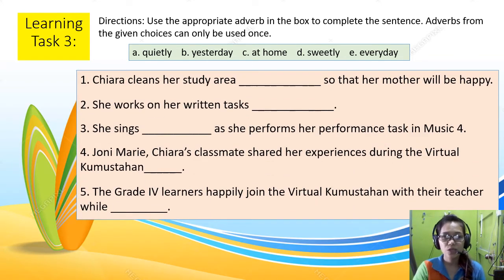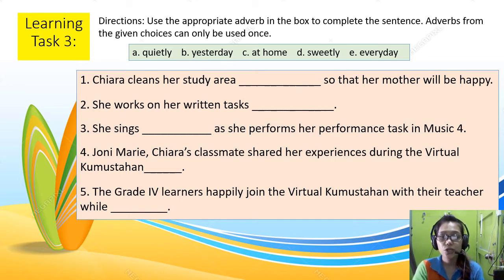Number 1. Shara cleans her study area blank so that her mother will be happy. Number 2. She works on her written task blank. Number 3. She sings blank as she performs her performance task in Music 4.